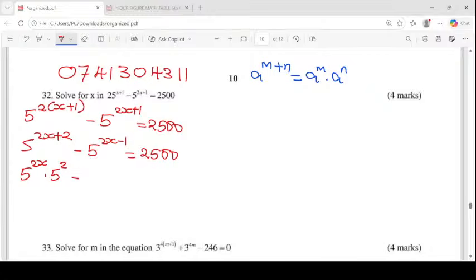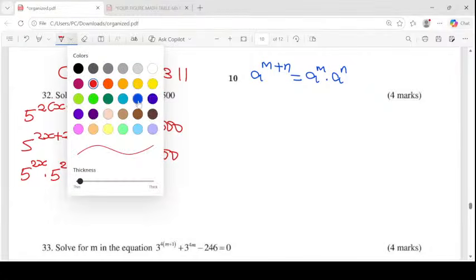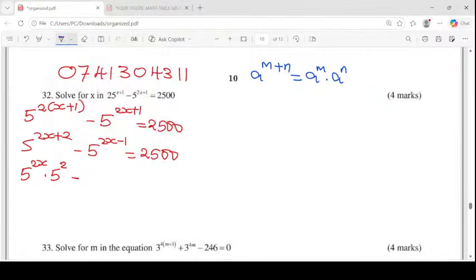minus, then also there is a law. Let me give the law. A power m minus n is just like saying a power m over a power n.